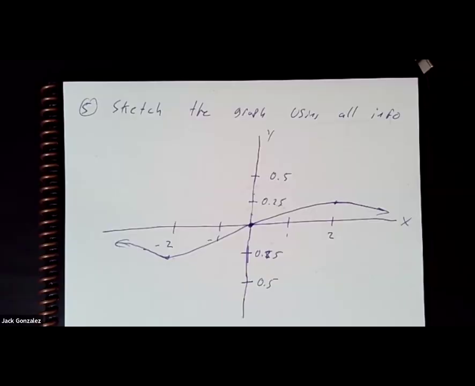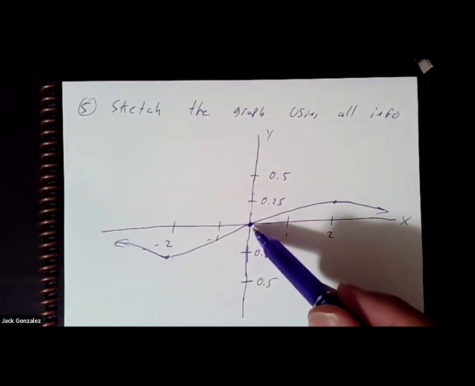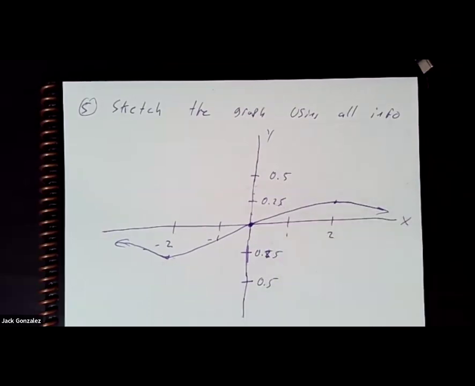All right, so the main idea makes sense, right? Yes. What about the points of inflection? Point of inflection, we would probably end up having it right here. The original function was x over x squared plus 4.